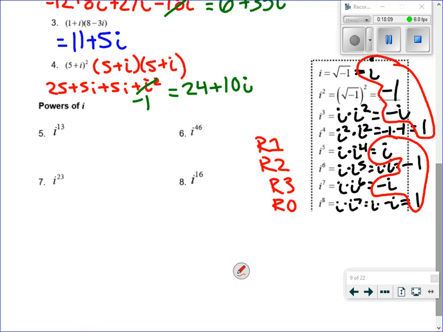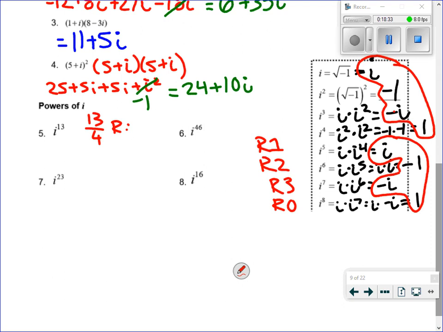So let's look at some examples here. If I was doing 13 divided by 4, what's my remainder here? 4 goes into 13 how many times? So why are we dividing by 4? Good question. Remember, this goes in sets of 4, right?